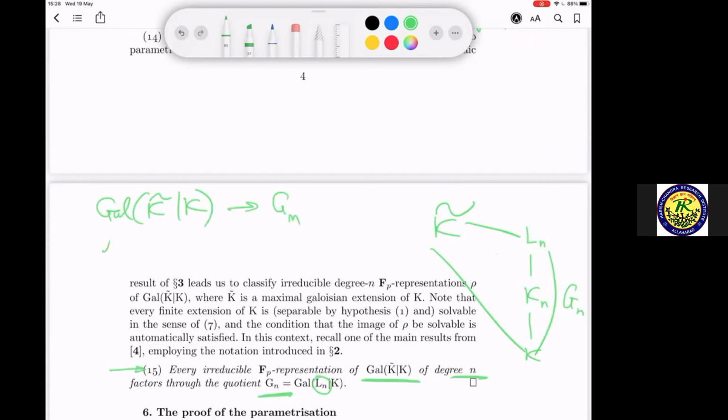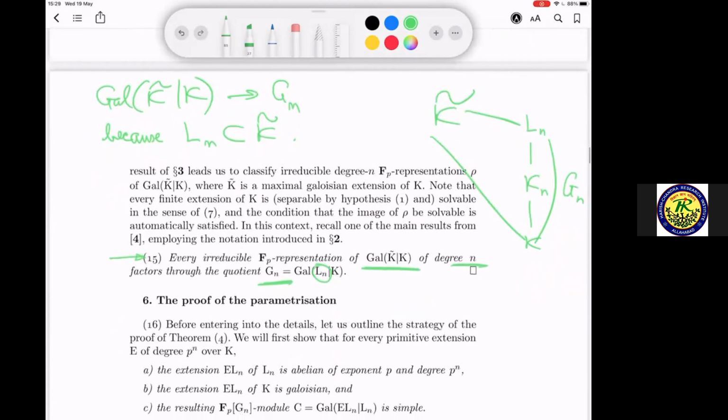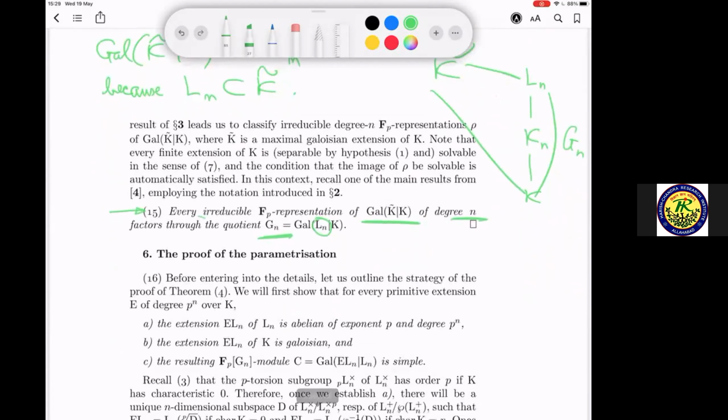Because this comes from the inclusion of Ln in K tilde. And the point is that every irreducible FP representation of this group, I mean, representation of degree n, factors through this quotient Gn. So that's the other thing that I want to recall.